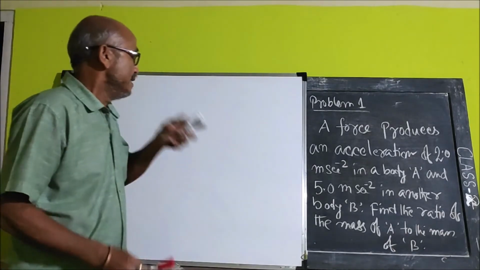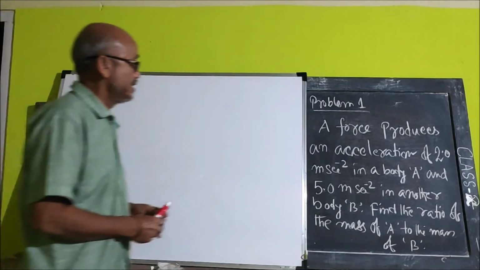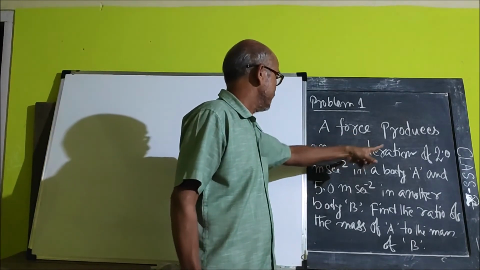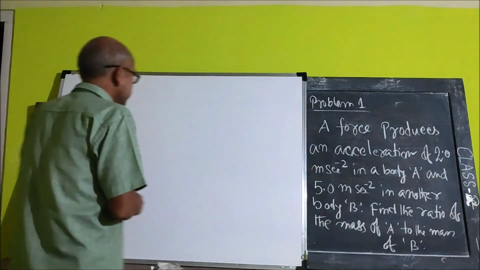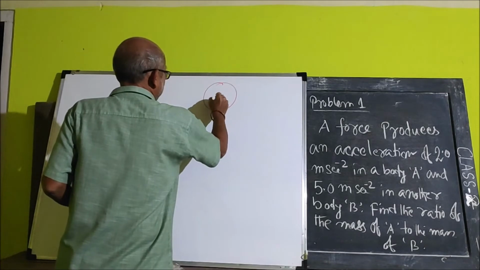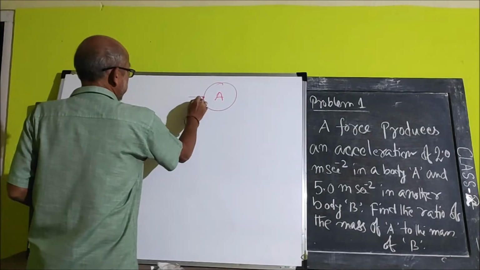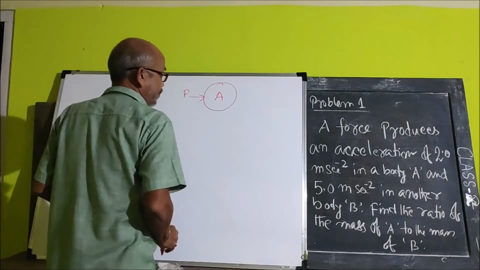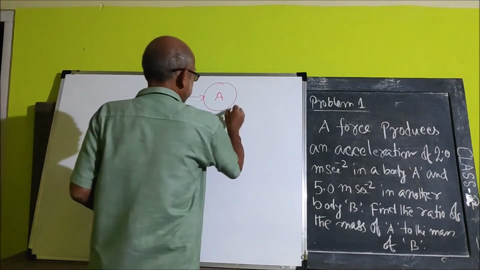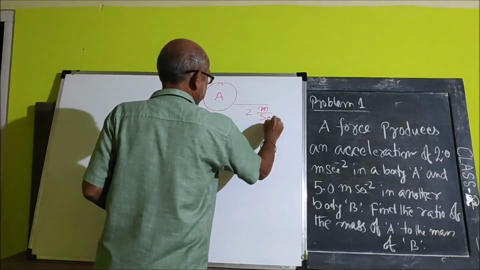Now you see here, the same force produces an acceleration within body A. A force is applied and produces acceleration 2 meter per second square.